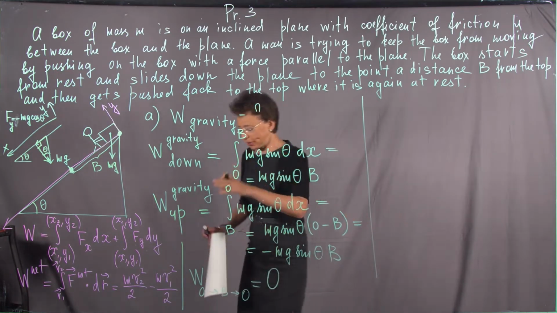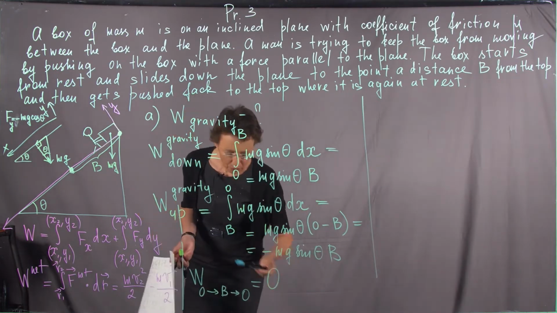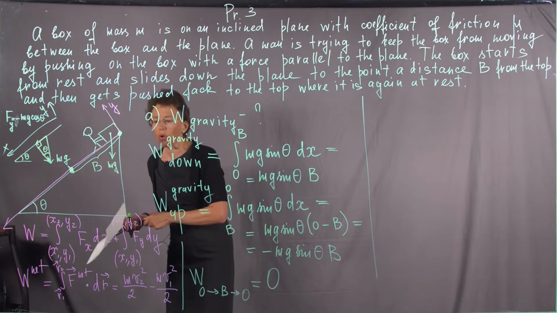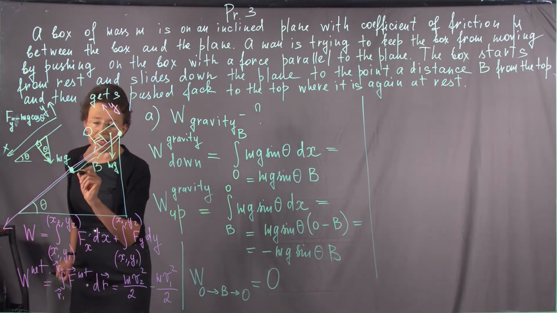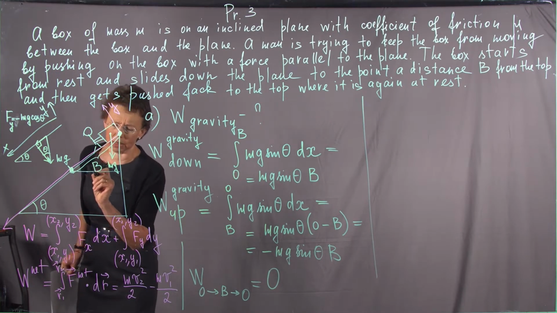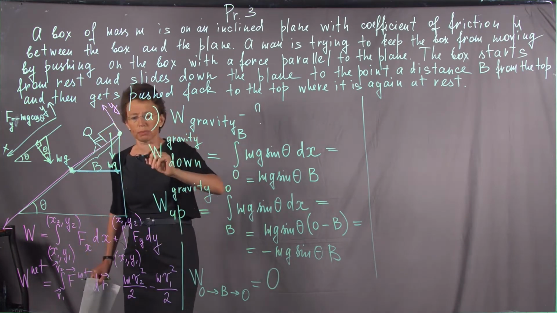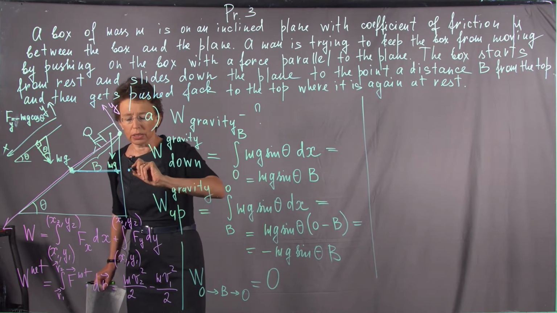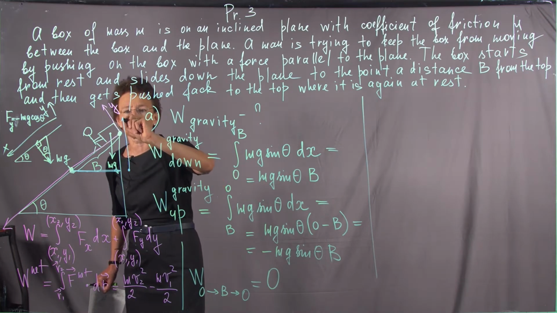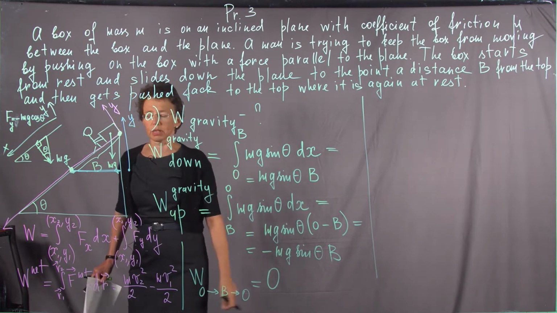Now, can I use a different coordinate system to find work done by gravity? Of course. For the second, we will obviously get the same result, but I want you to be flexible, and I will show you that if I use a different coordinate system, I will get the same result.